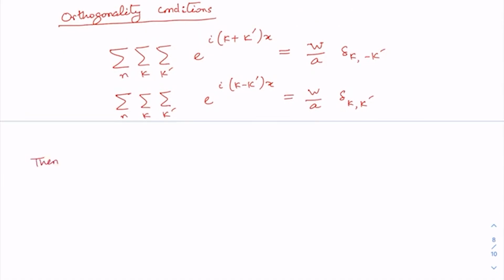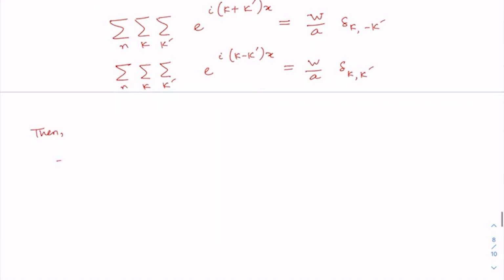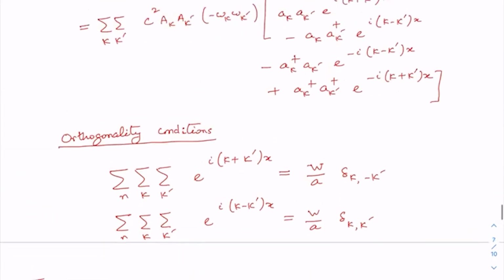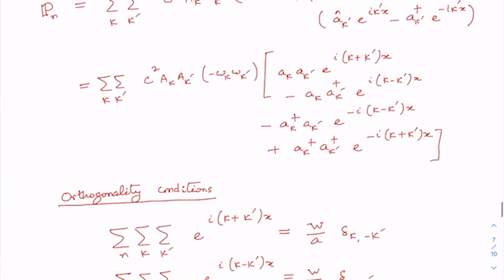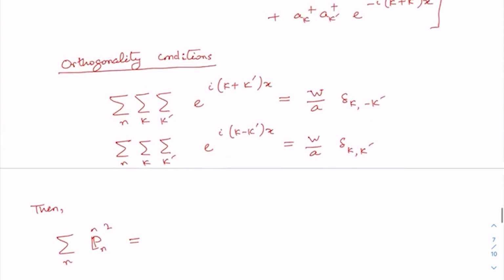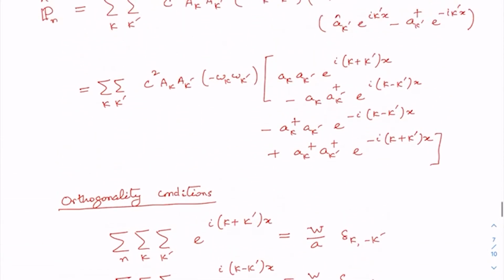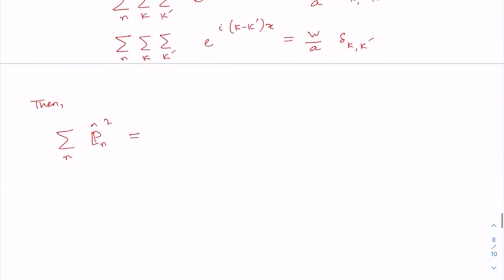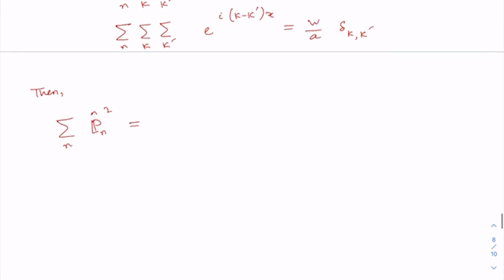So then we get the sum over n now. For pn square, you just have to write it on a piece of paper, that would be more useful. Let me write down what you are going to get if you apply this orthogonality condition.